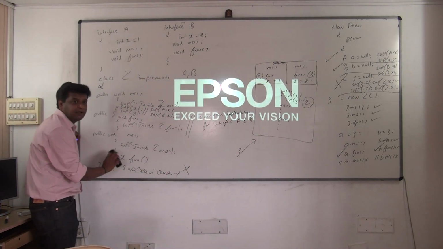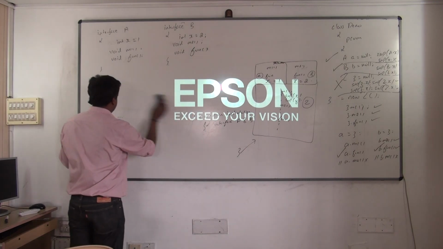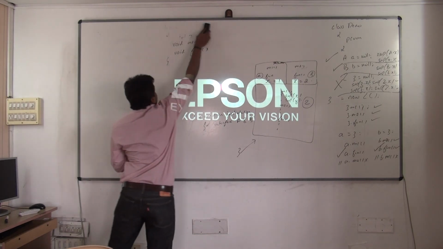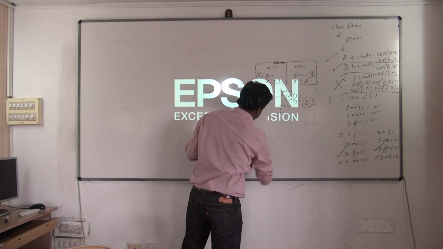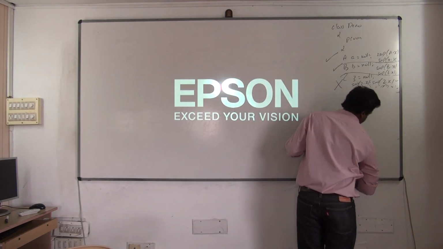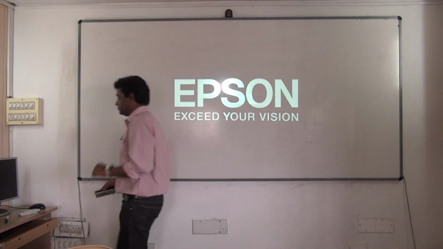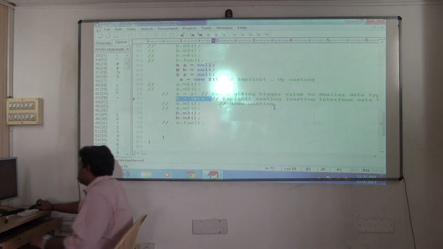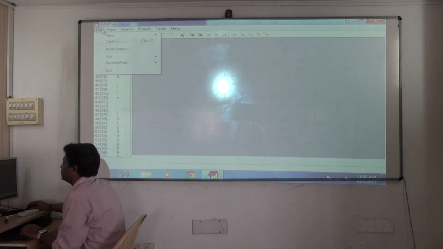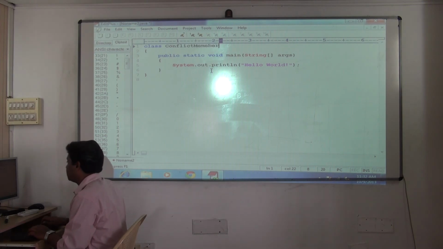This is a very simple example for it. I'm clearing everything now. Class ConflictMembersDemo, we'll have a conflict members demo.